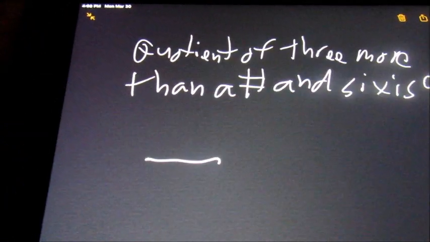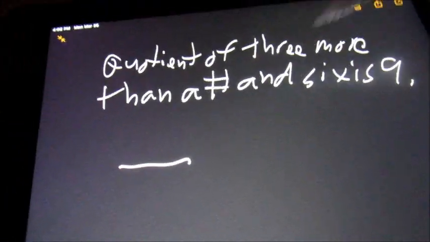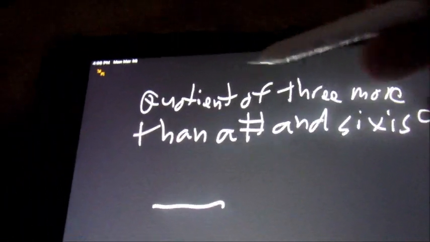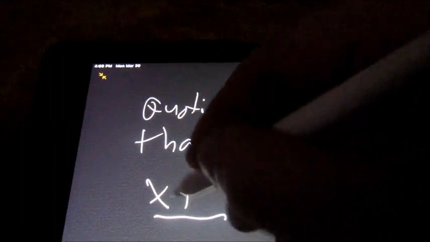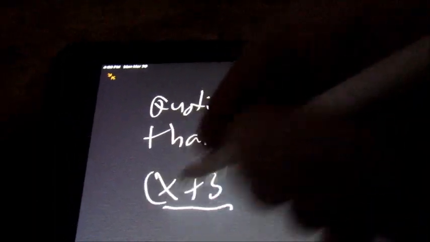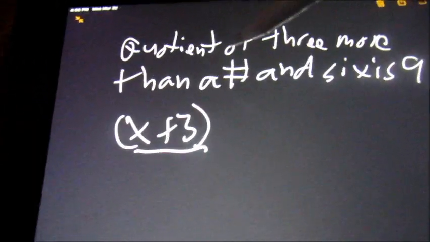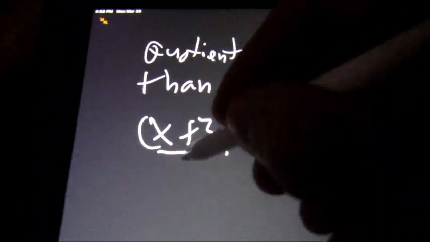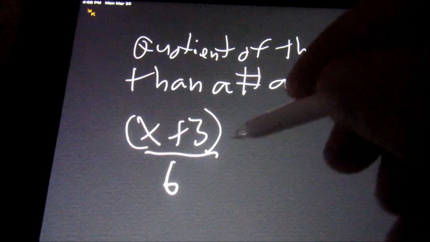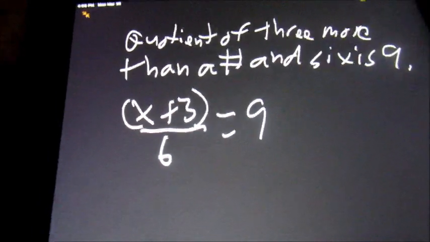So I'm just going to put the dividing here. And it says here the quotient of 3 more than a number. So that a number is x. 3 more means plus 3. I'm going to go ahead and put that in parentheses. And then the word and, which is the divide, 6. So 6 is the denominator. Is means equals, and that's 9.